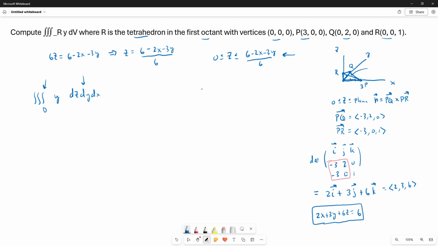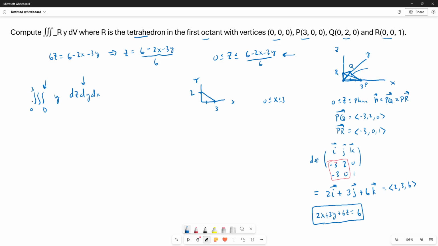So the base of the tetrahedron in the xy plane, here's the x-axis, here's the y-axis. This is 3, that's the point P, and this is 2, that's the point Q. So this is the base of our tetrahedron in the xy plane. If we fix an x between 0 and 3, x is last, the outer integral.